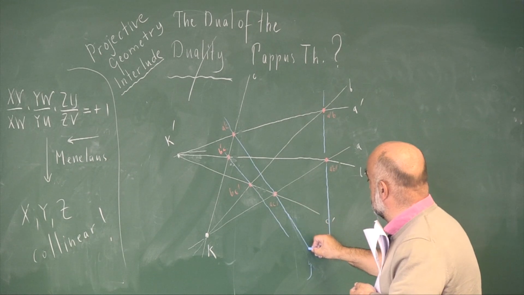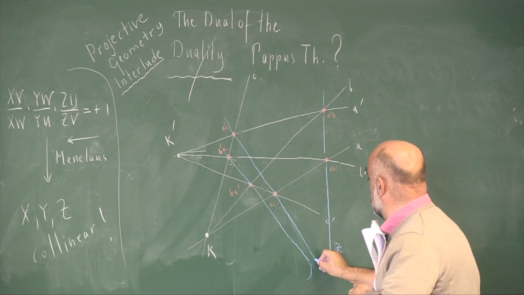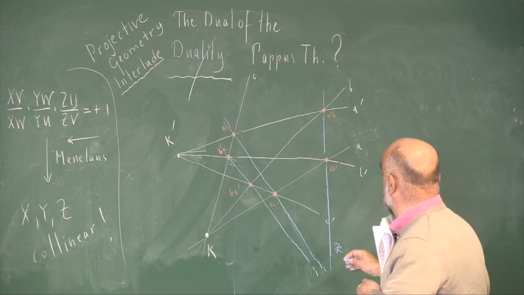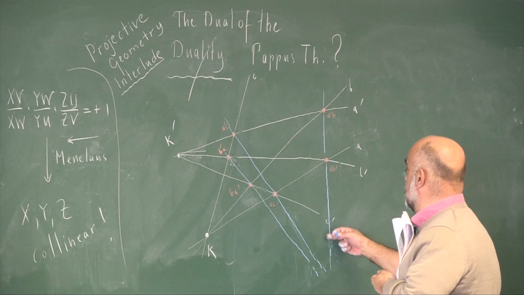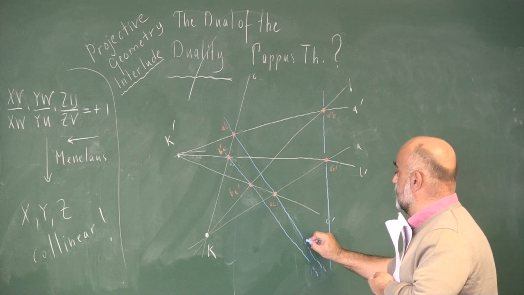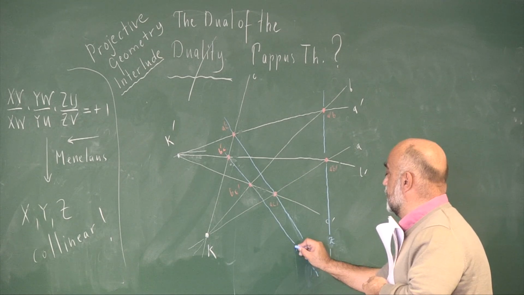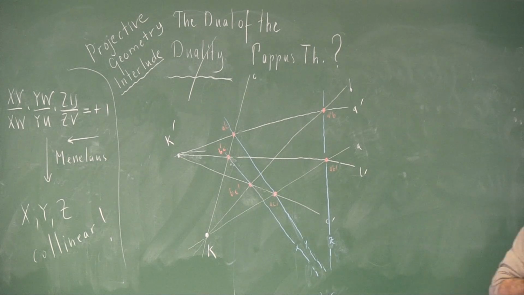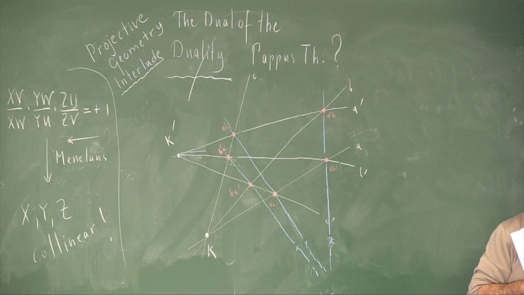Well, I don't know. Okay, so here it is. That's the line Z, that's the line Y, and that's the line X. So I expect them to be concurrent or parallel. That can happen too.